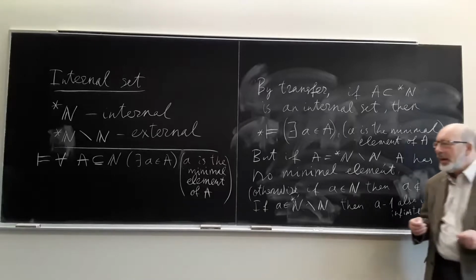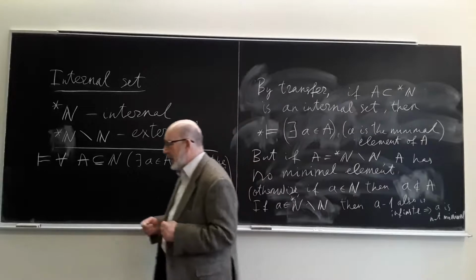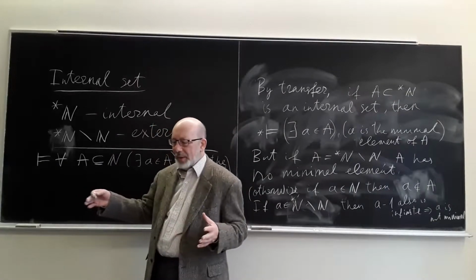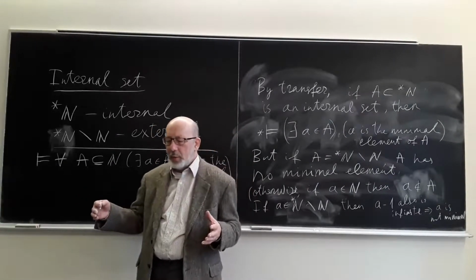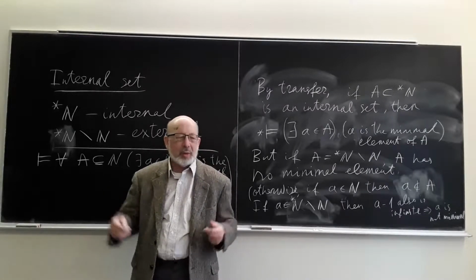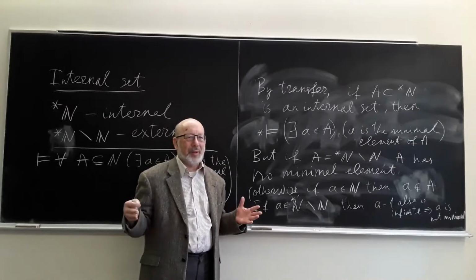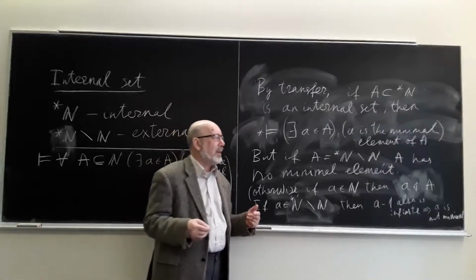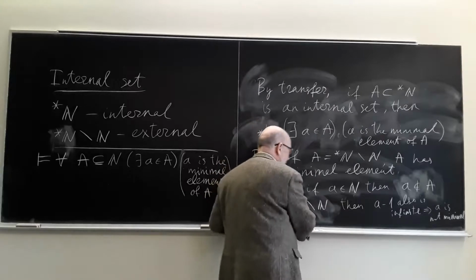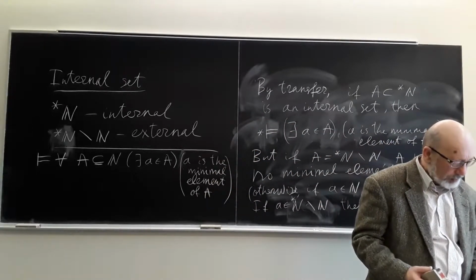Yes? In the set theory, we have some series of axioms which show us how we can start from some set and construct more complicated sets. Yes, and here we should have the same situation.